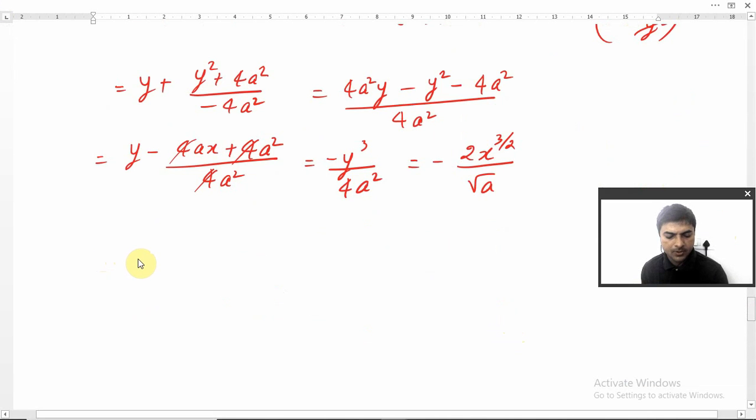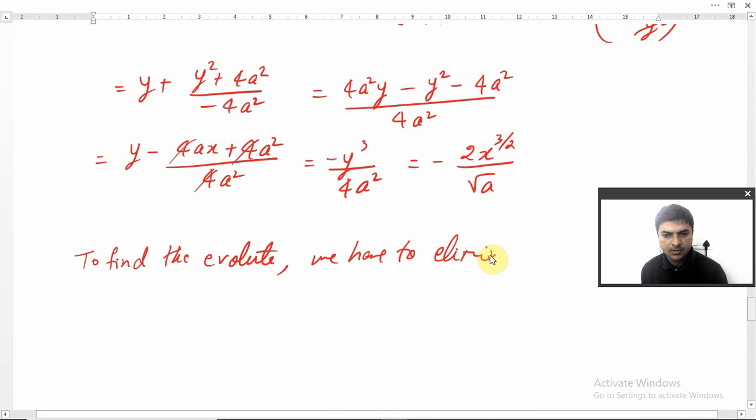Then, to find the evolute, please remember this, friends: to find the evolute we have to eliminate x from x bar and y bar.